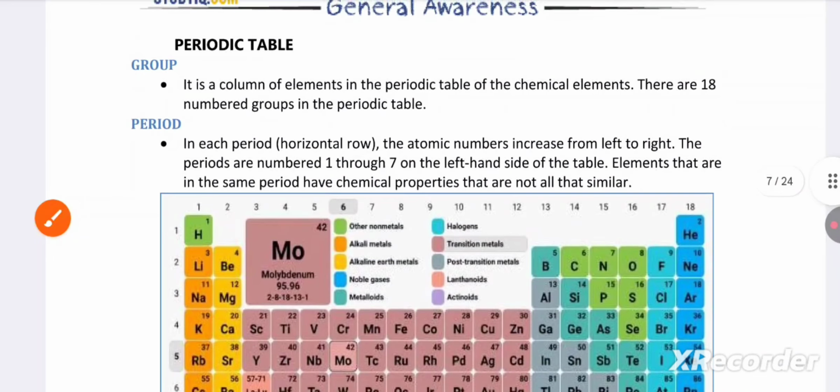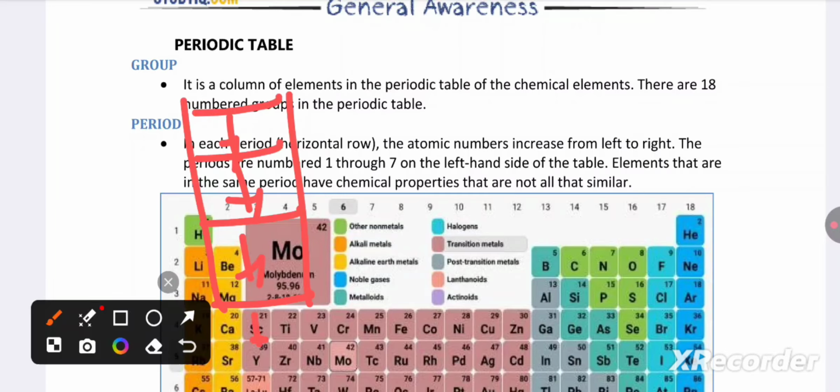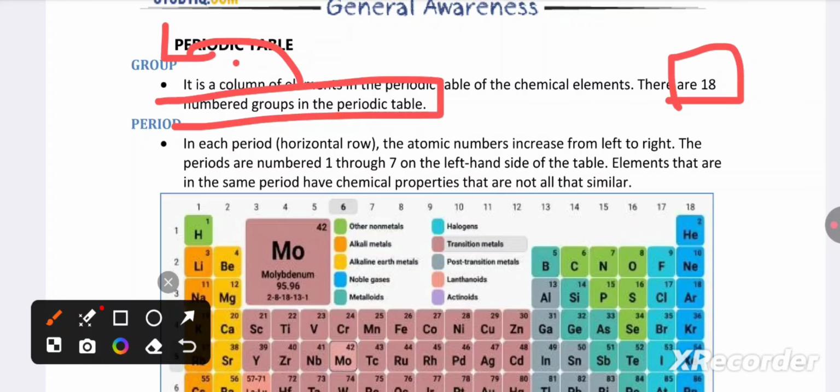Periodic table, very important. Columns: we know in Excel also we see this type, called columns. It goes top to bottom. This column is called a group. In total we have 18 groups in the periodic table.